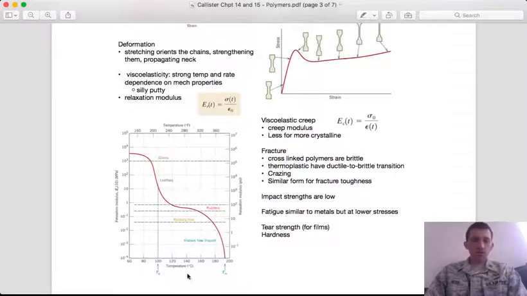And so this temperature dependence here has a couple of different regimes. As you go up in temperature, right, polymers at lower temperatures are brittle and glassy, because there's not much thermal energy in the material, right. Those chains have a hard time moving with respect to one another to relax the strain, and so the modulus is relatively high.